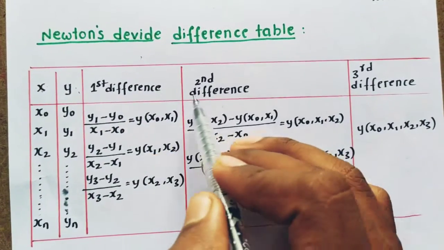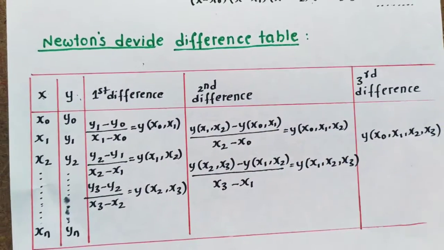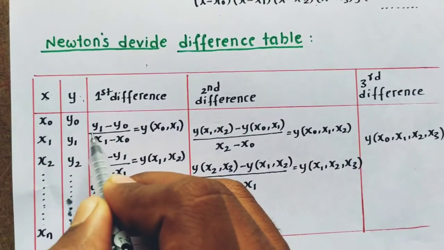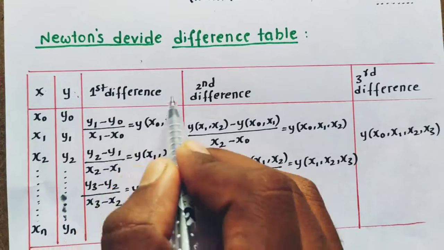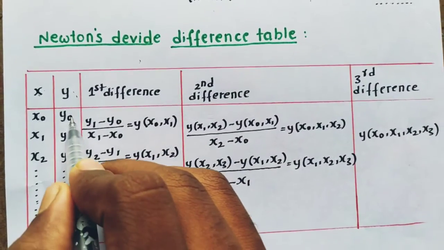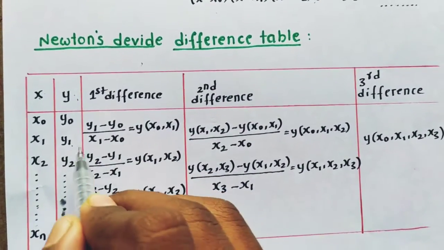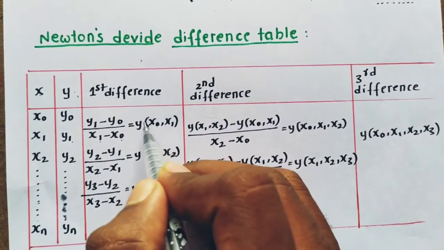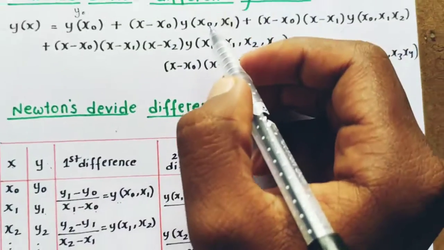The formula for the first difference is y1 minus y0 by x1 minus x0, which gives y of x0 x1.